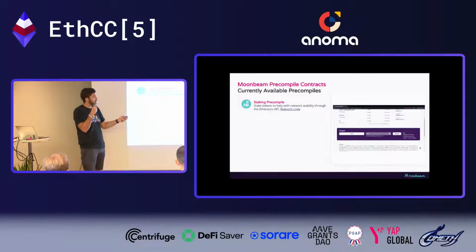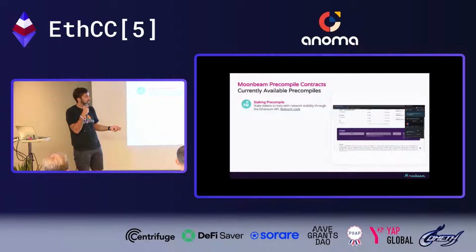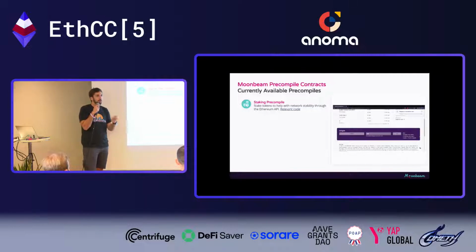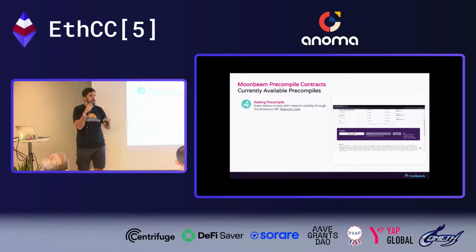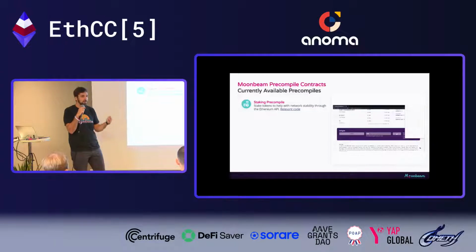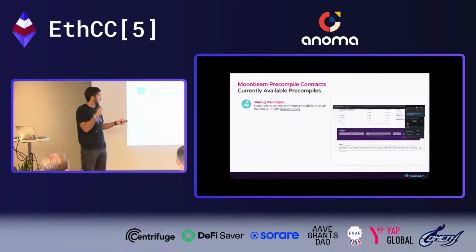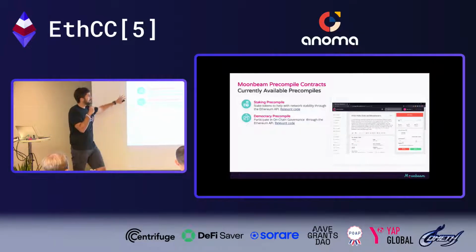If you've ever used Moonbeam, and this is the dApp, you're actually doing staking, which is not an EVM feature, but you can see that you're signing the transaction with MetaMask. Users don't need to understand that this is a Substrate feature and go to Polkadot.js apps. They just use Ethereum like they would on any other network. That's why you can stake with Ledger, with Trezor, and all this. Another precompile we offer is basically for developers.